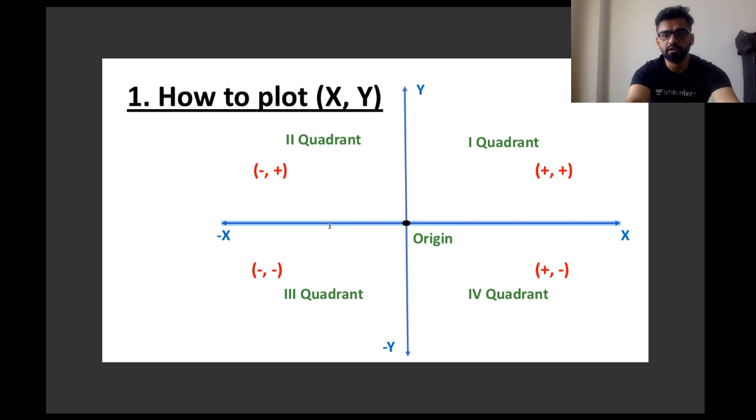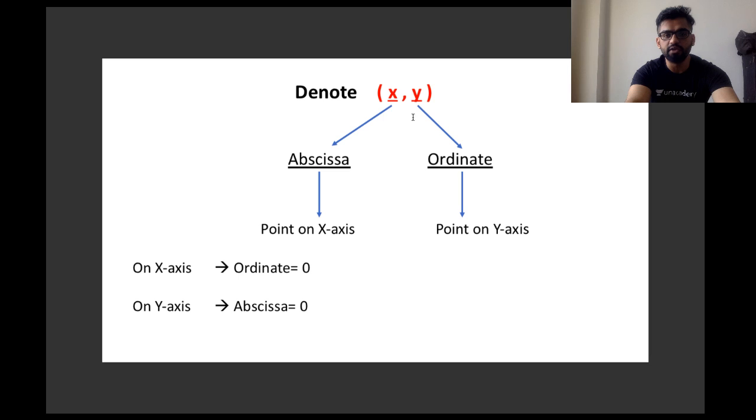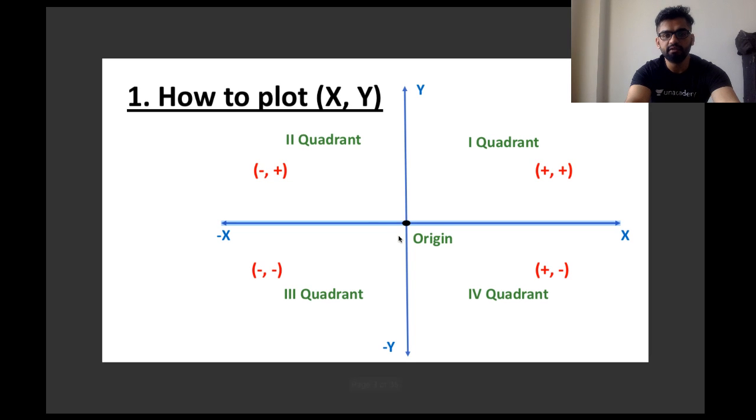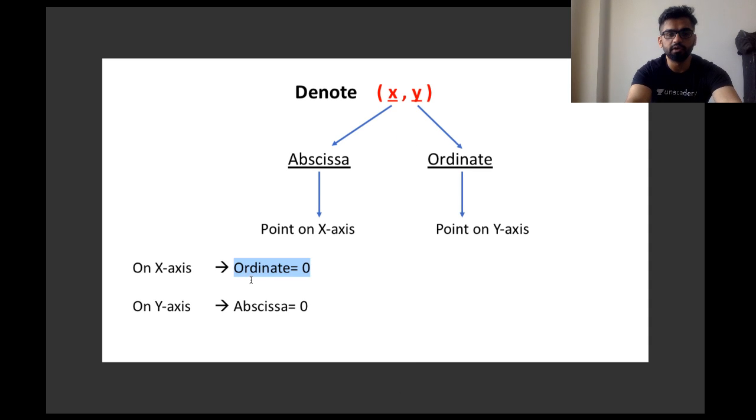If I plot a point on the x-axis, my abscissa value will hold some value, but my ordinate value is going to be 0 because y is equal to 0 here. Likewise, if I put a point anywhere on the vertical y-axis, my abscissa value is going to be 0 and my ordinate value is going to be the value where the point lies.